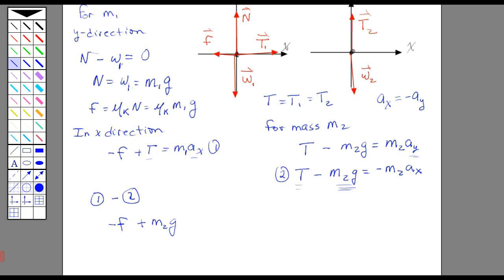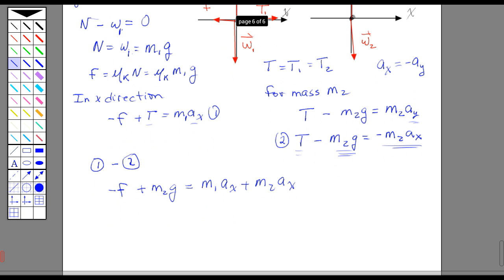And this is going to equal M1 a_x plus, well, actually it's minus this term, but the two minus signs give you a plus, M2 a_x.